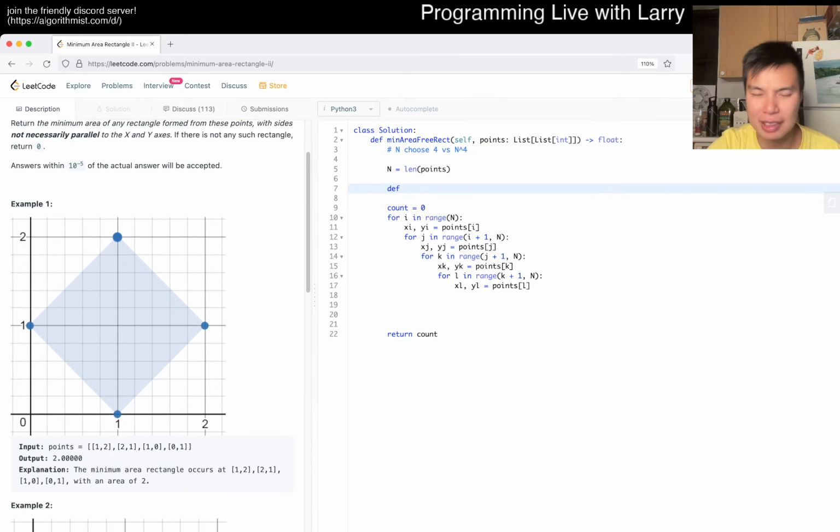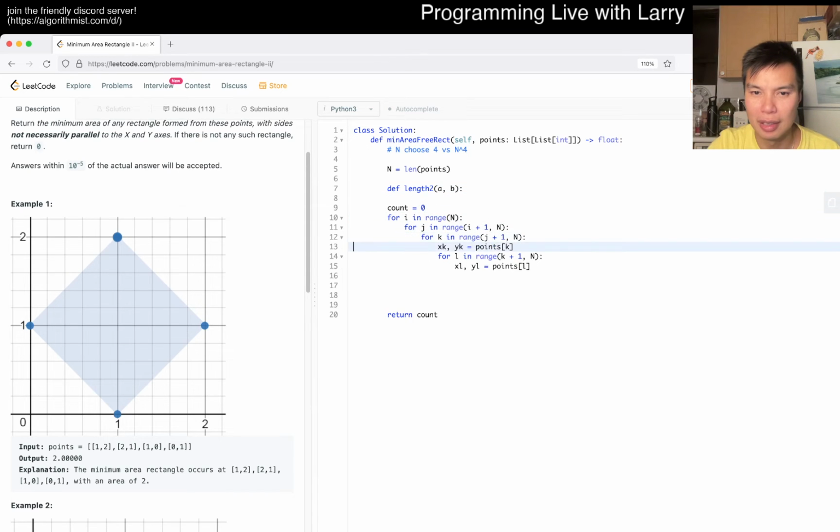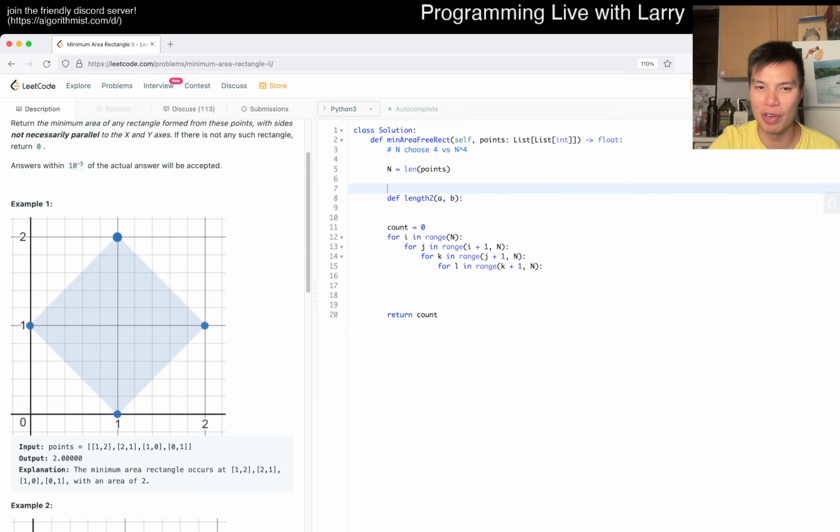So we have, just say length2, and why I say length2 is because I want it to be length squared. The reason why I say that is because now we can do something like a sub 0 minus b sub 0, so we have this squared, or just times itself.